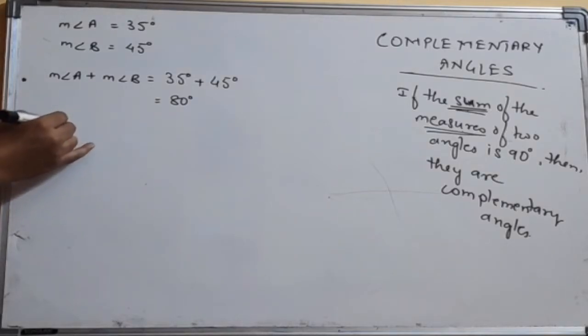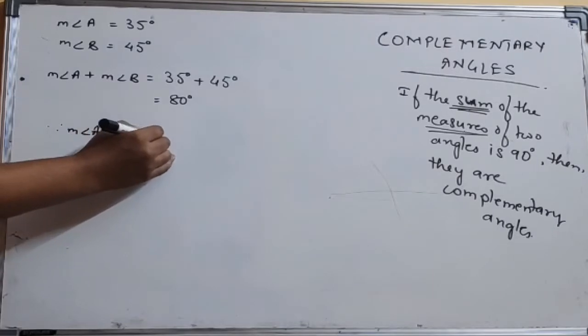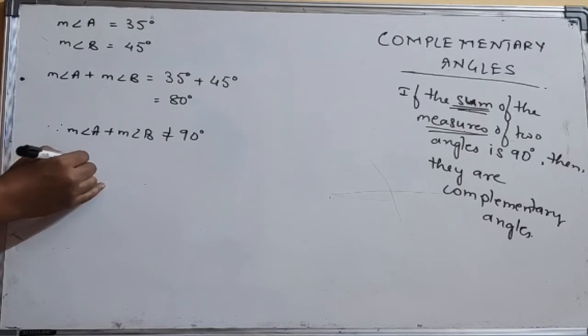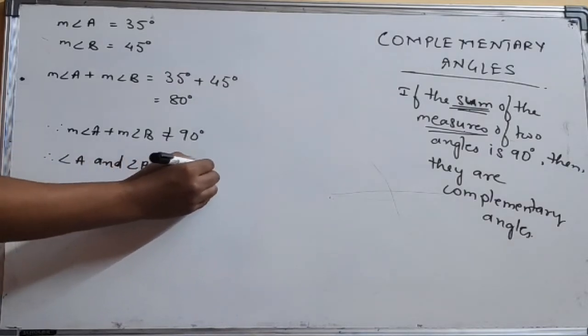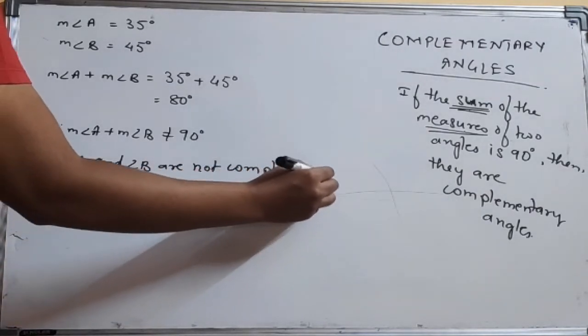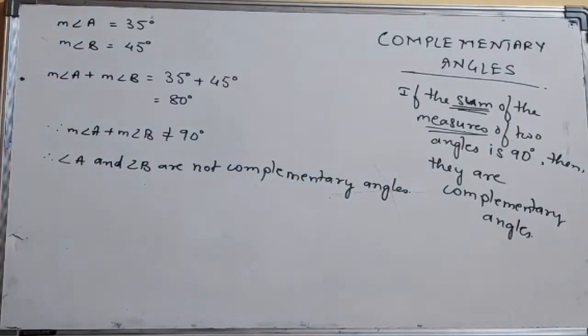So you can say, since measure of angle A plus measure of angle B is not equal to 90 degrees, therefore angle A and angle B are not complementary angles. Okay, I hope you have understood this type of sum or this concept.